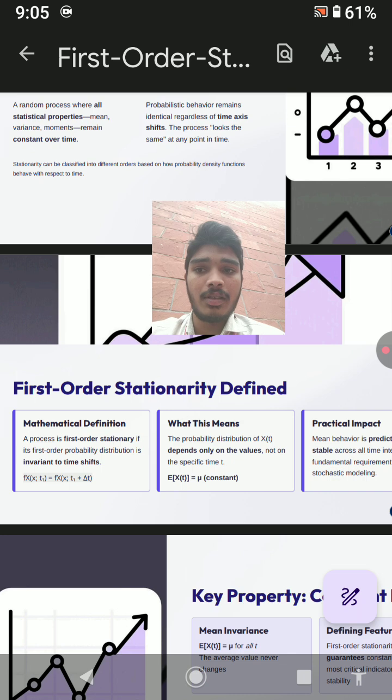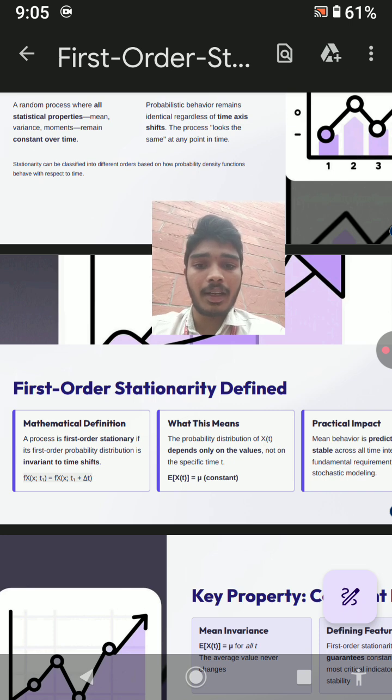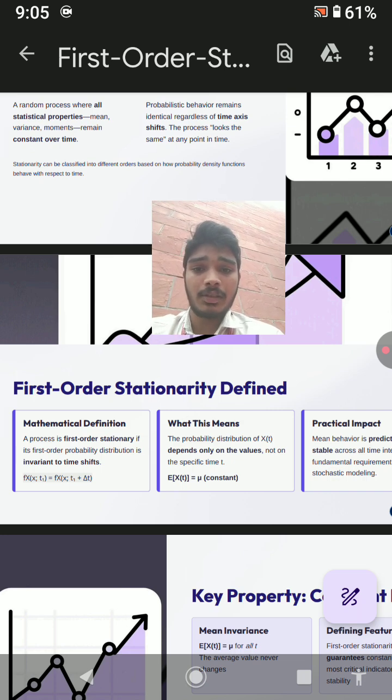Mathematically, this is expressed as fX(x1, t) = fX(x1, t + tau). Tau is the shift between one time and another time. Here the probability density function of X at any time is constant. So the process is called a stationary process.